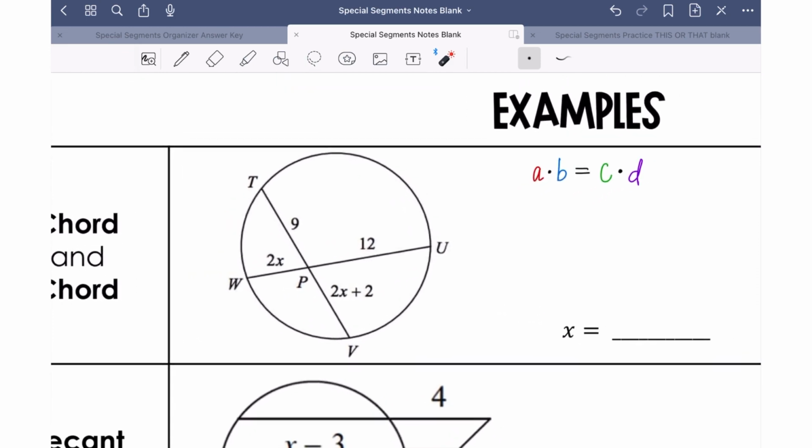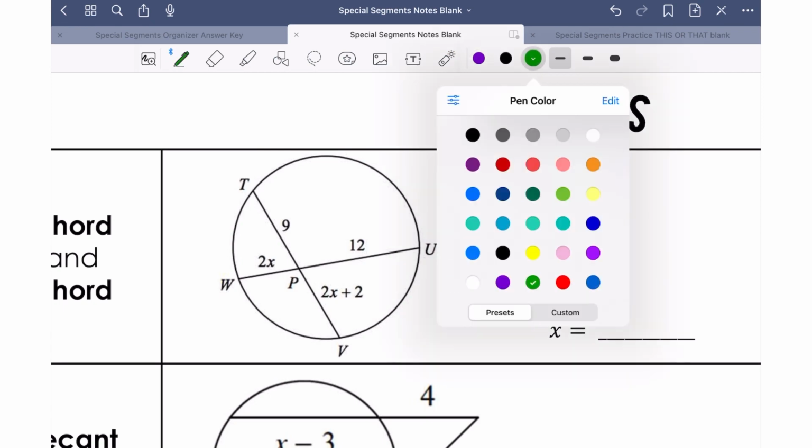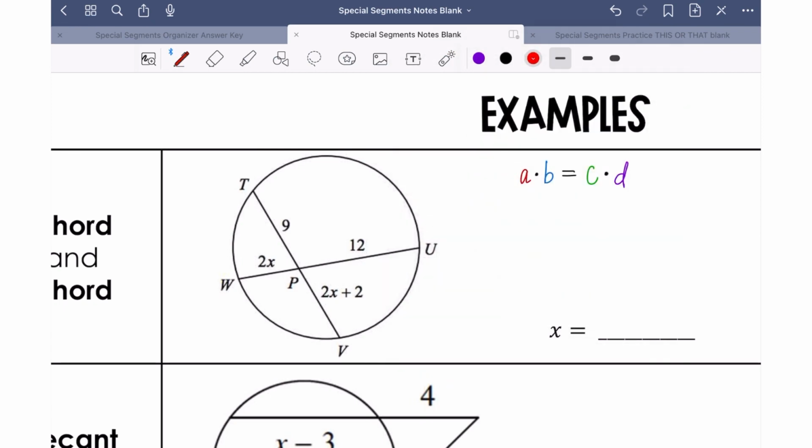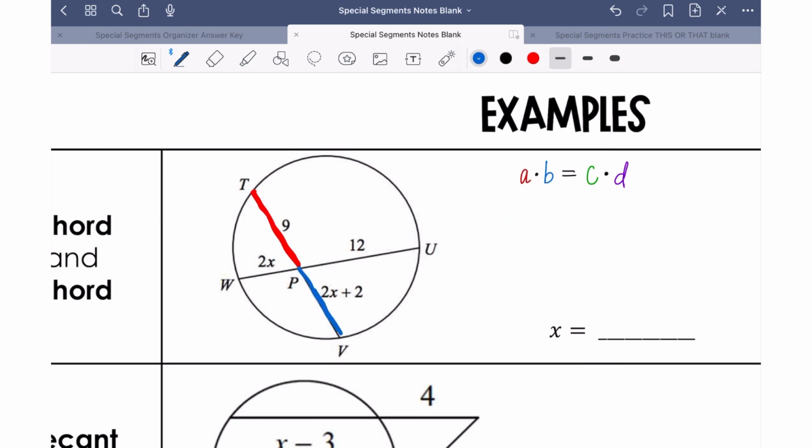Use your colored pencils. I'm going to do A and B first. So for the A part, it's going to be right here. For B, I'm going to use the other side. So there's my first chord. These are the parts of my segment. And then C and D are on the other chord.